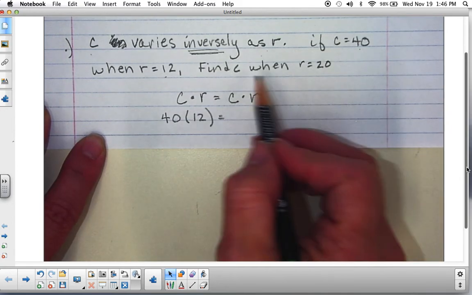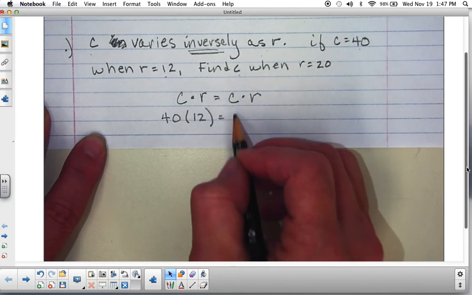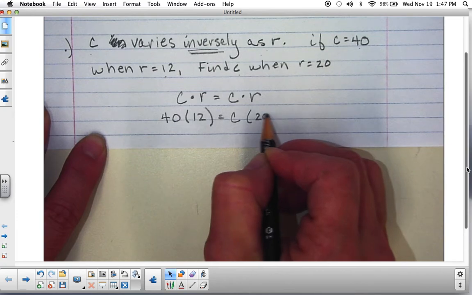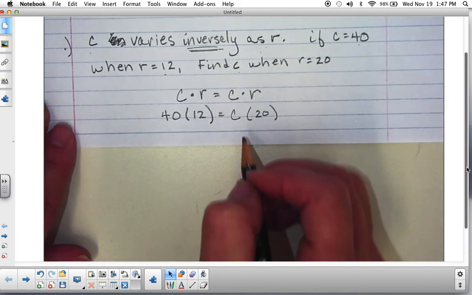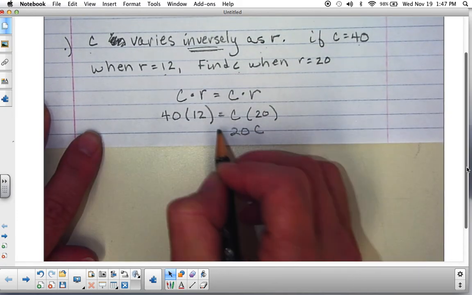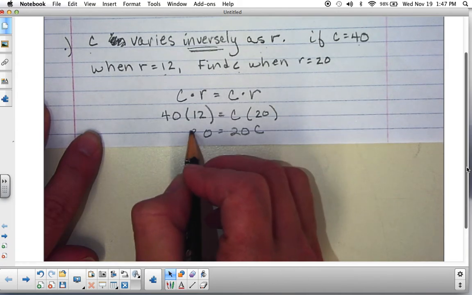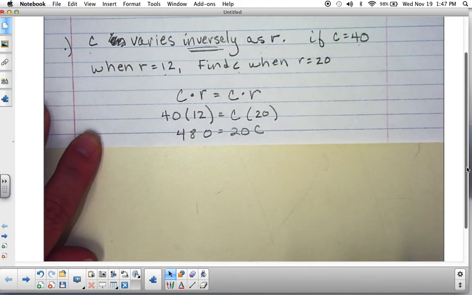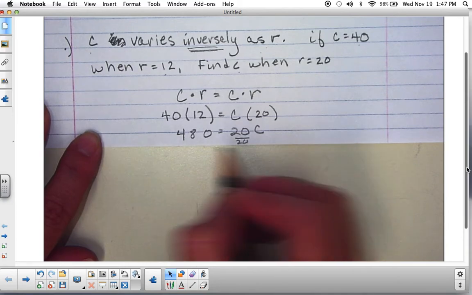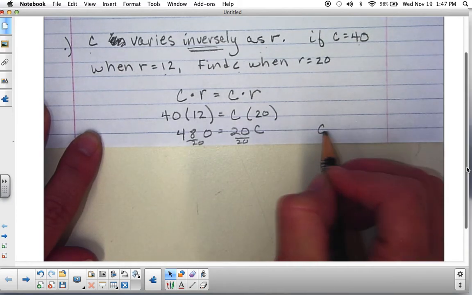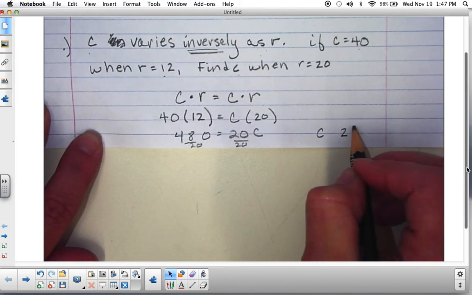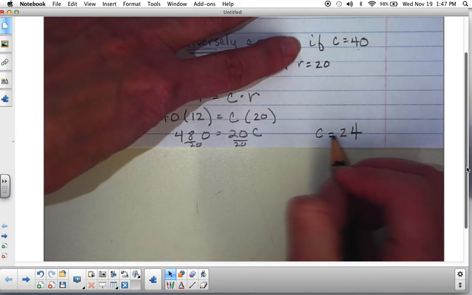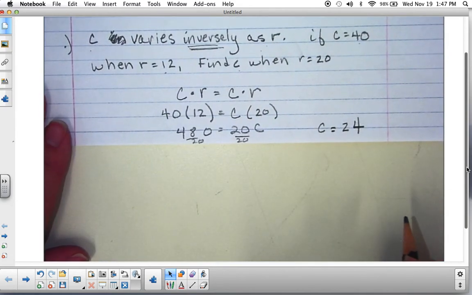And on the other side it says find C. You could put an X in or you can leave it a C when this is 20. And then we'll just solve that out. So I get 20C on this side. Looks like I get 480 on that side, and then divide through by 20. C equals 224, right? Sorry. And that's the example.